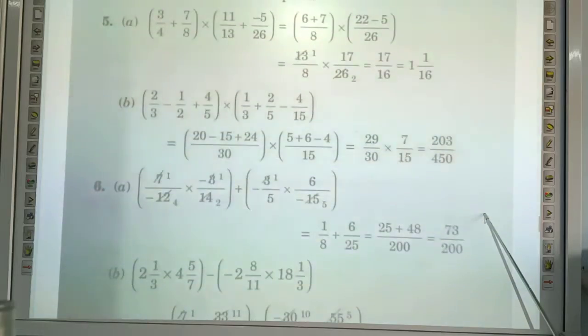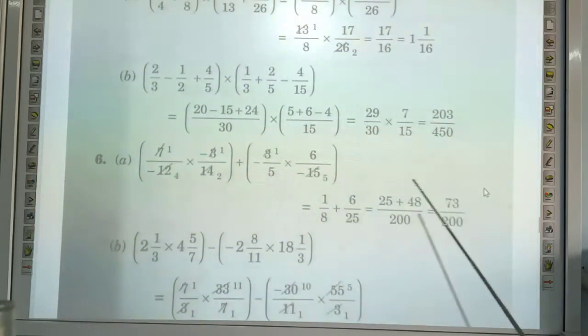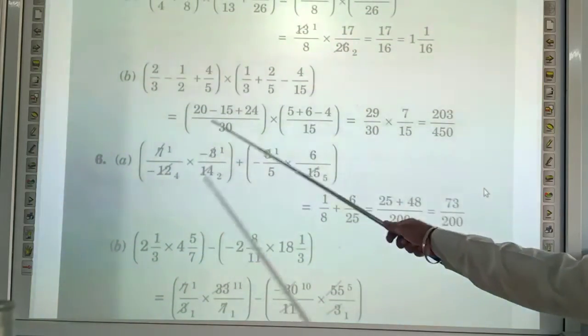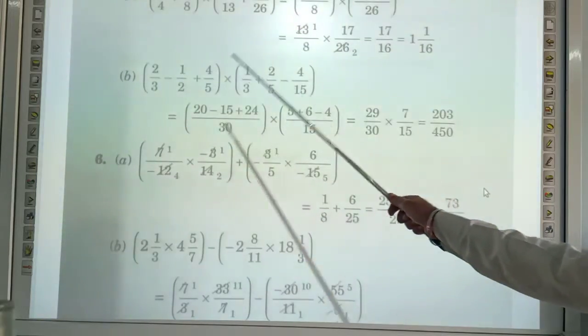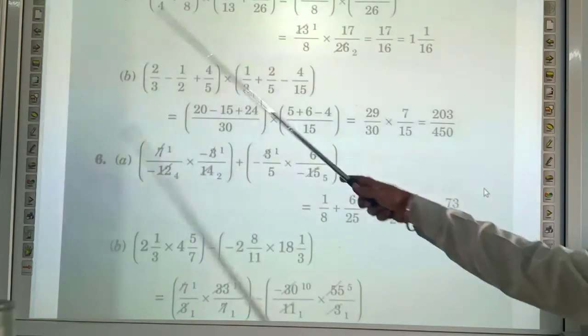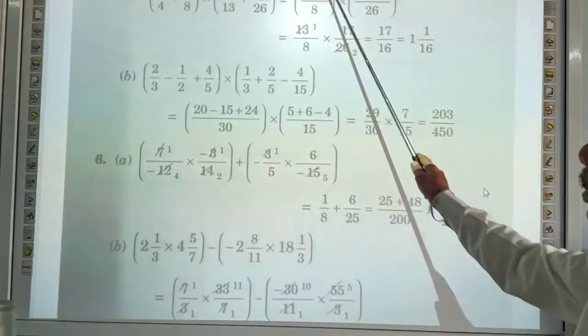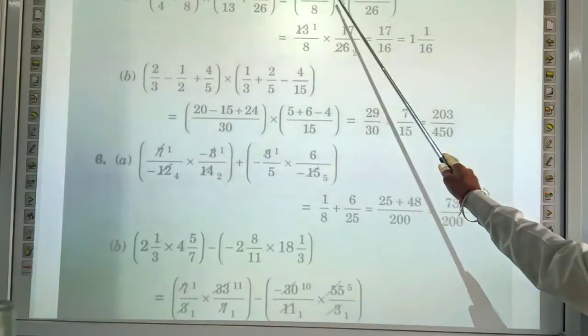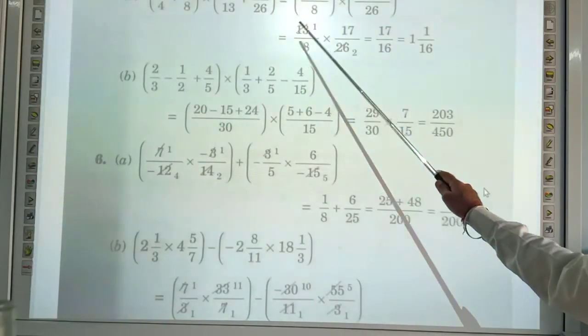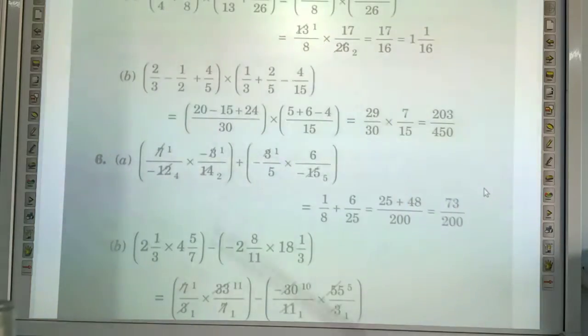And when we are moving to question number 5, part A, the bracket part, firstly we have to solve the bracket part. 3 upon 4 plus 7 upon 8, and when it is solved we get 6 plus 7 upon 8, which is 13 upon 8.